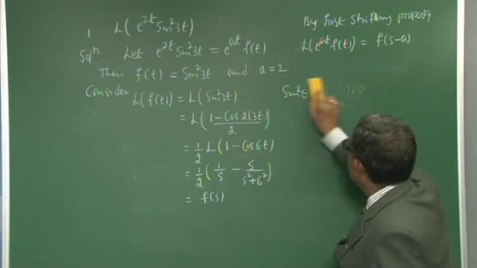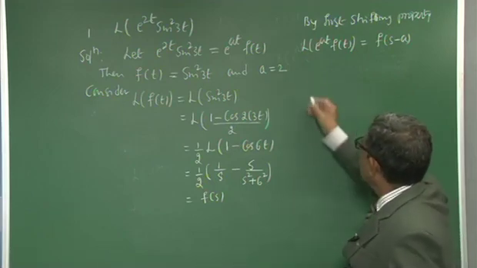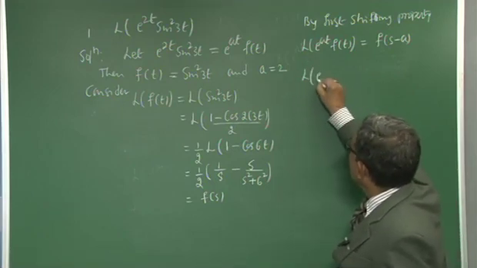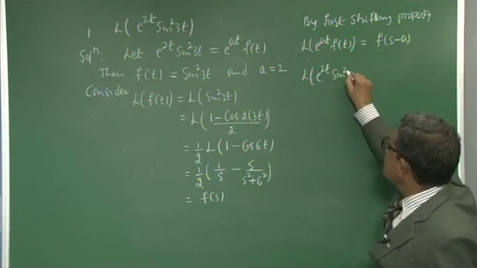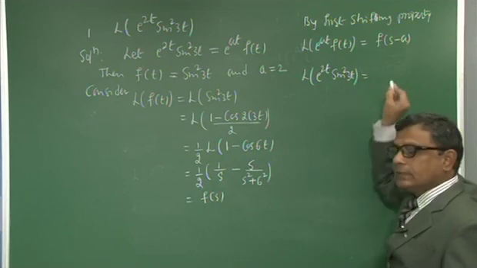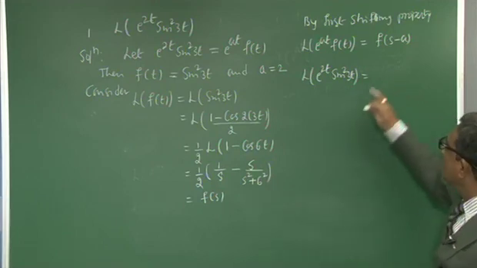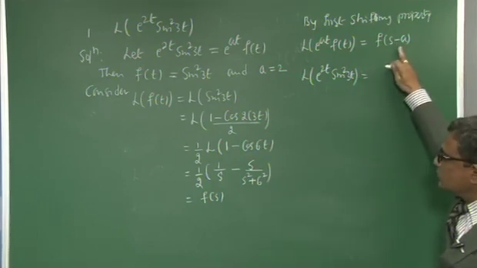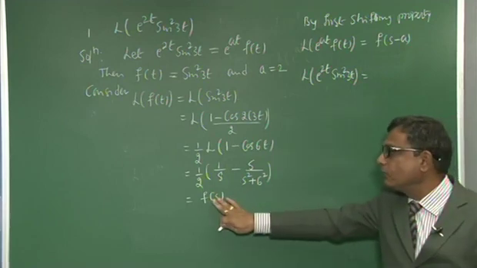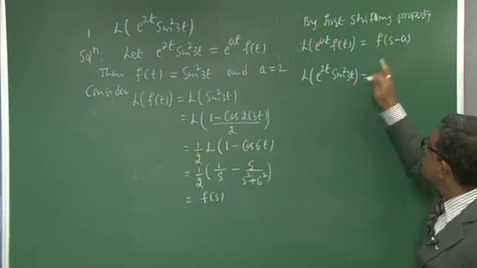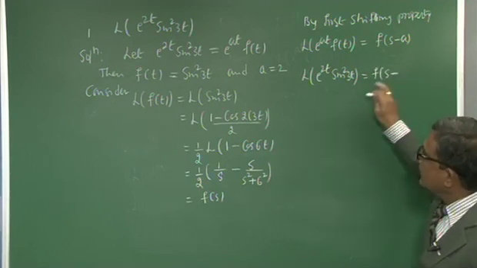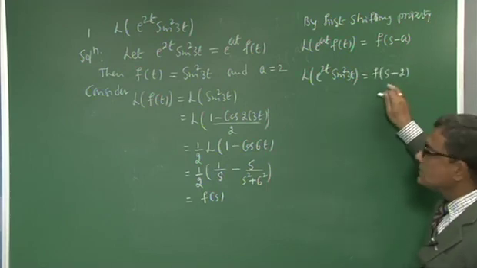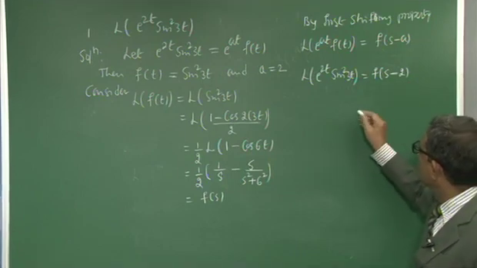Now here, if you substitute the corresponding values, L of e raised to 2t f of t, where f of t is sin square 3t, on the right-hand side s changes to s minus a. This is your f of s. Now a is 2, so s changes to s minus 2.